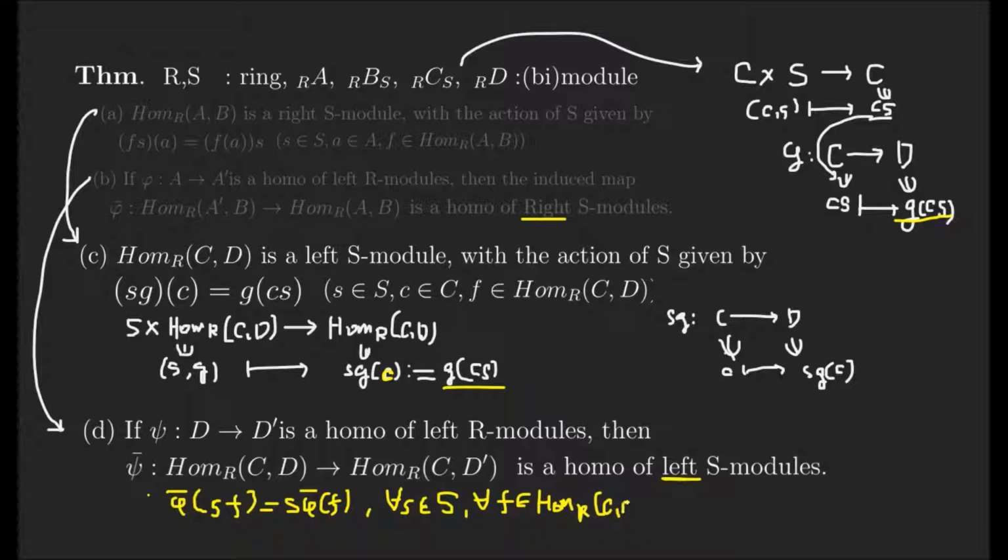Comparing to the corresponding statement A to C, right and left are changed. So in this case, right R-S module, this is a left S module. Because this is right and this is left. And the statement comparing B to D, in this case, this is left, this is right. This is right, this is a left S module.